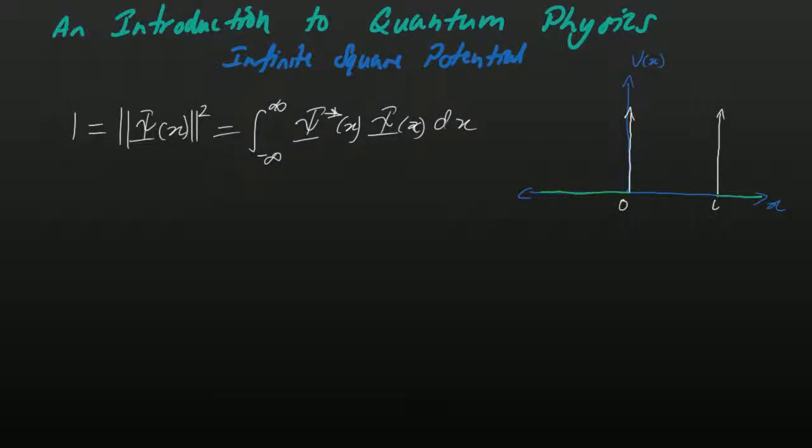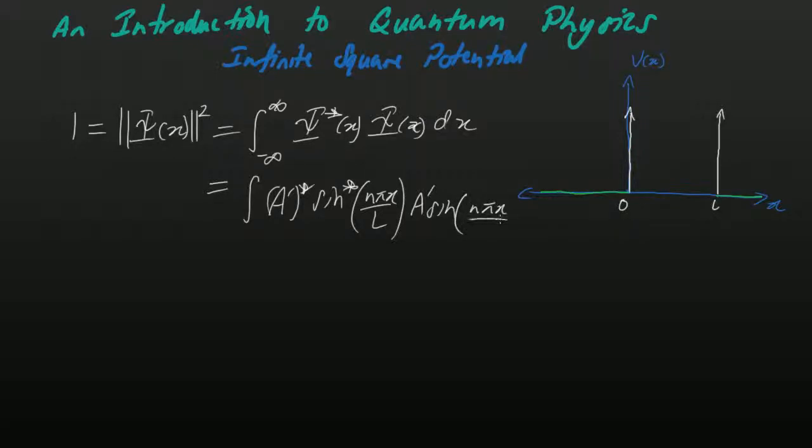So we'll substitute in what our wave function is: A prime, complex conjugate of sine of n pi x on L, then A prime sine of n pi x on L again, dx.